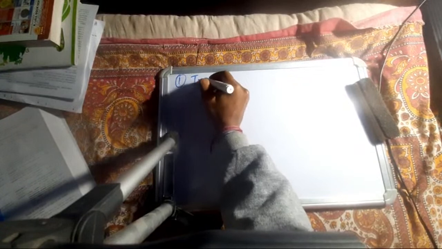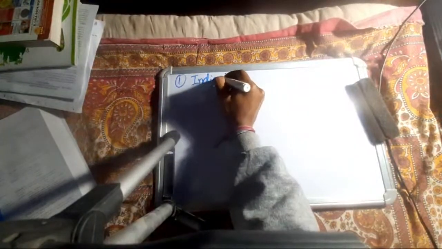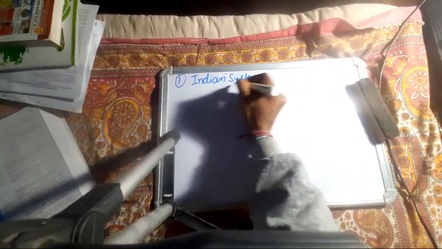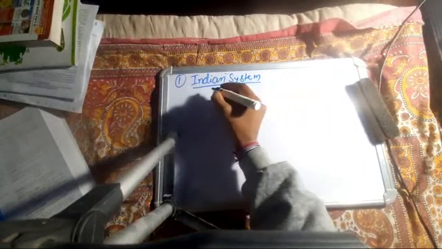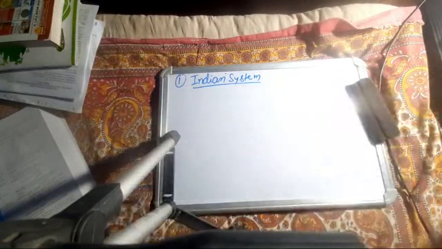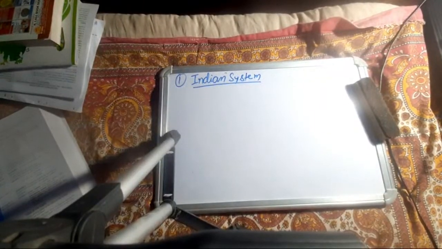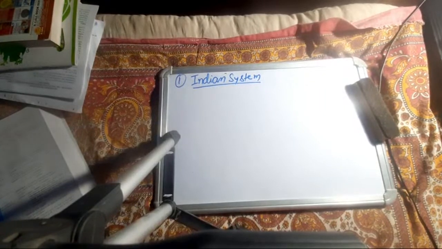So first is our Indian system. In Indian system, we count a number by, we all know it very well, that is ones, tens, 100, 1,000, 10,000 and so on. Okay, so let us make this thing.